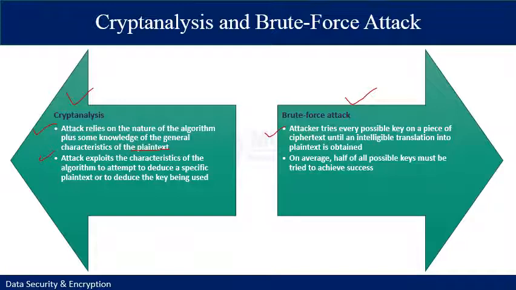On average, half of the possible keys must be tried to achieve success. This is the general observation that in most brute force attacks, half of the total keys are tried. For example, if our system, like the previous one, had 26 keys, on average 13 keys are tried to actually extract the information.